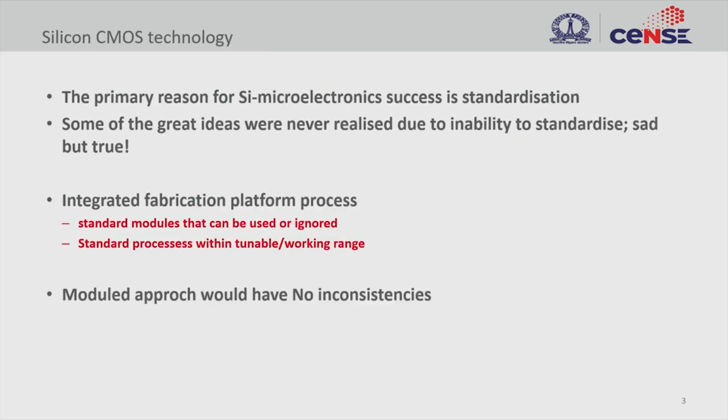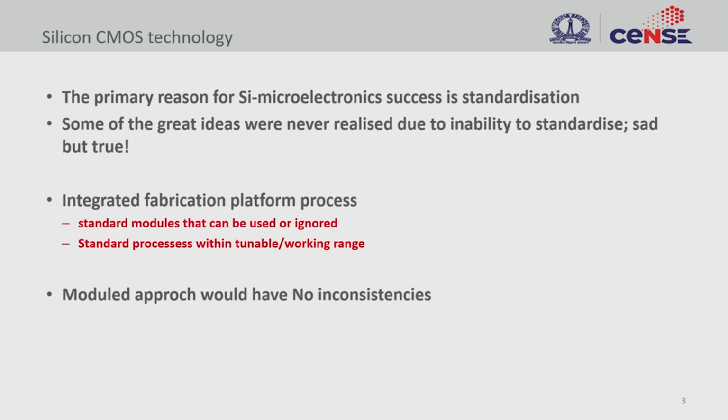So the primary reason for using silicon microelectronic process is its success in standardization. All the microelectronic processes that we see are standardized. What I mean by standardization is they're all modularized. So that means you have to put together various Lego blocks, or various process modules, in order to realize the functionalities that you desire.